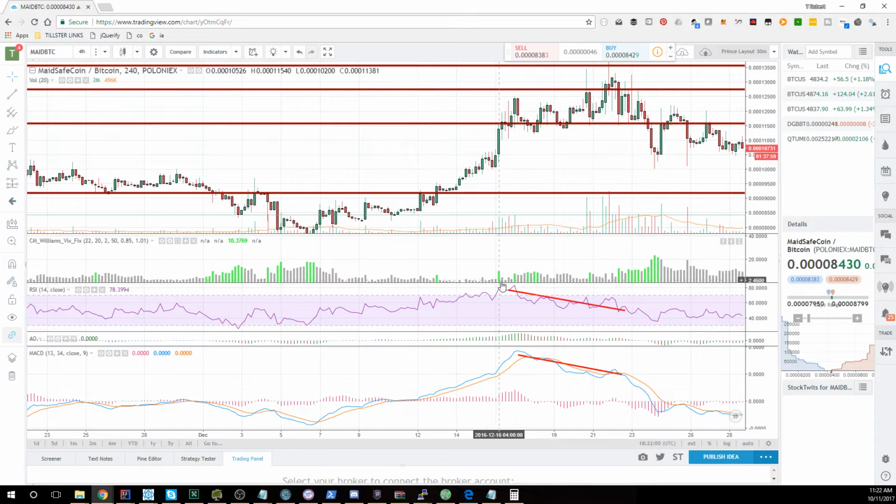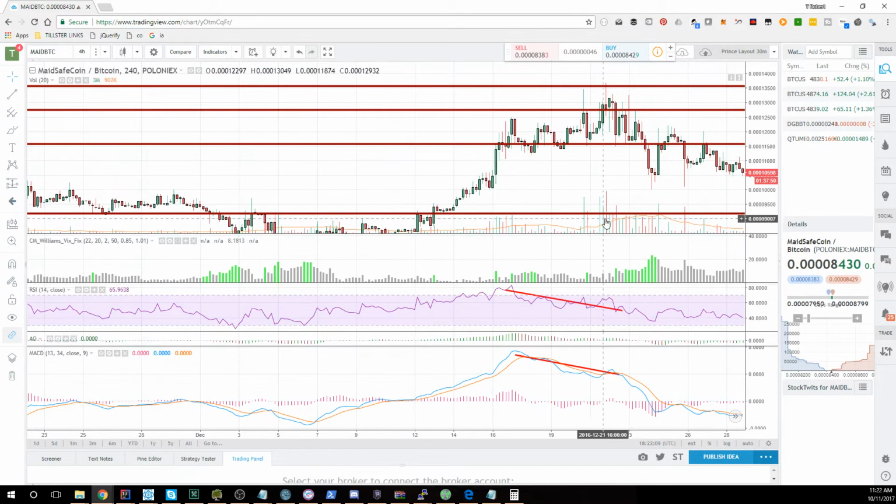One more time. Indicators: RSI, MACD, resistance, support. Signal: touching resistance, touching support. RSI above 70, hitting 50. MACD crossing, above and below. Divergence, convergence.